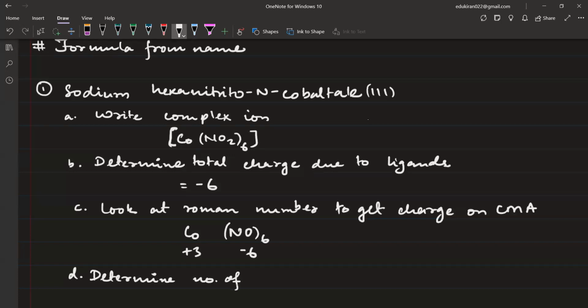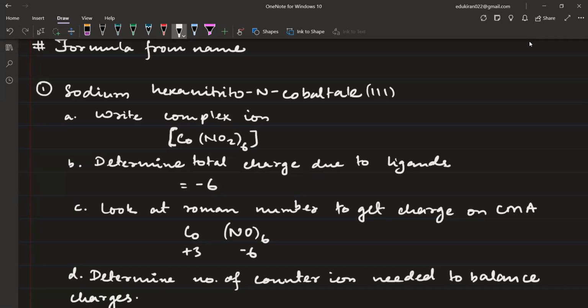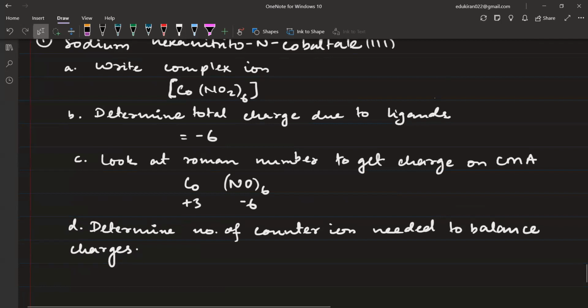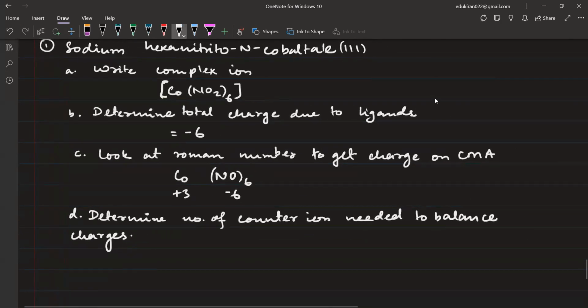Then determine the number of counter ions needed to balance charges. So now tell me, how much charge does sodium have? 1 sodium will have how much charge? +1.